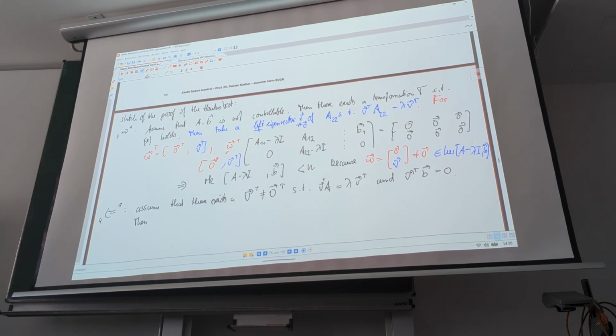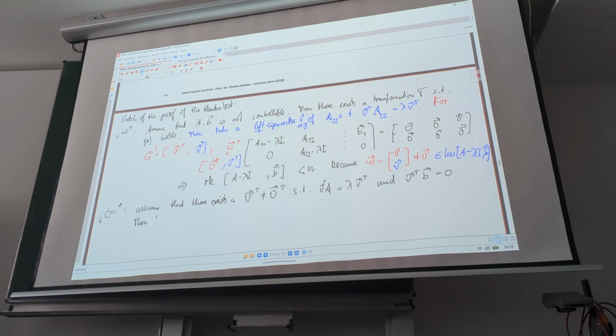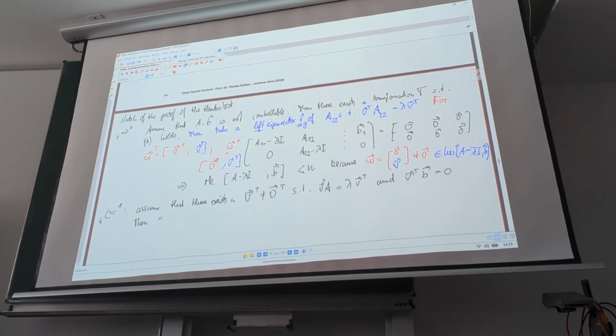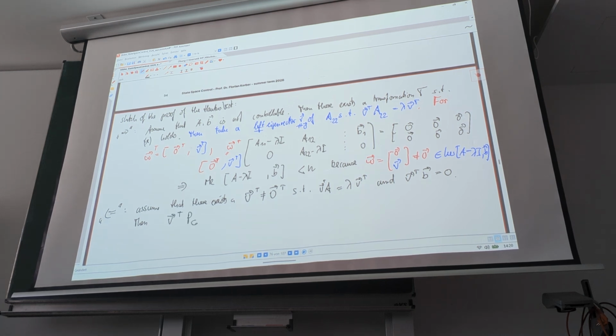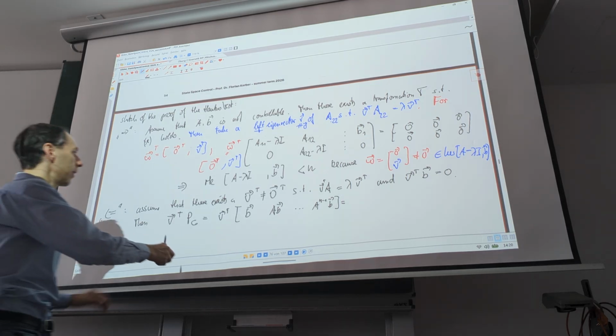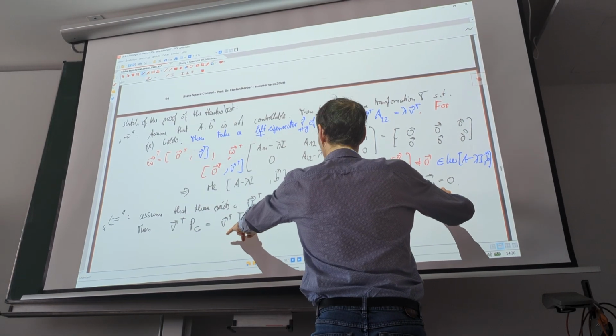Again, I can bring the system into the controllability form. And if I compute V transpose times P_C, the controllability matrix, which is B, AB, and so on up to A to the n minus 1 times B, what we obtain is that V transpose B is 0.